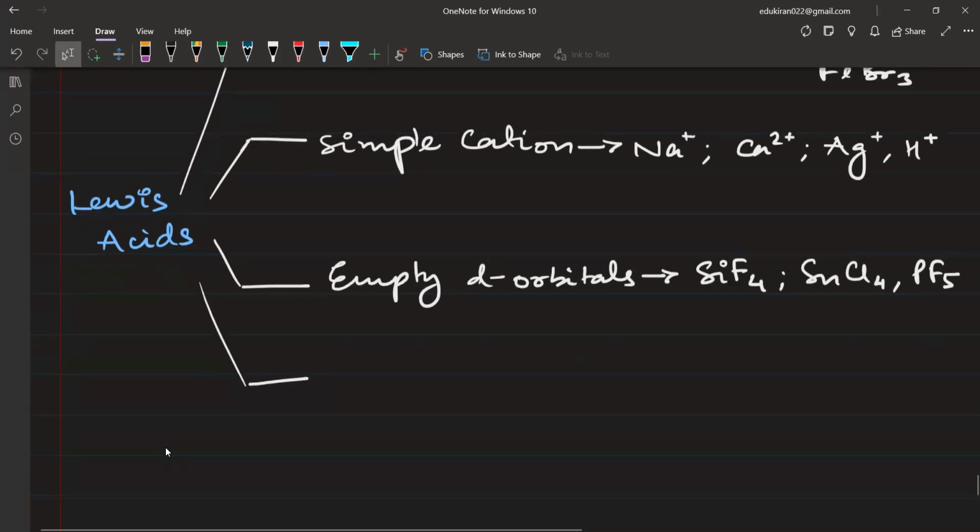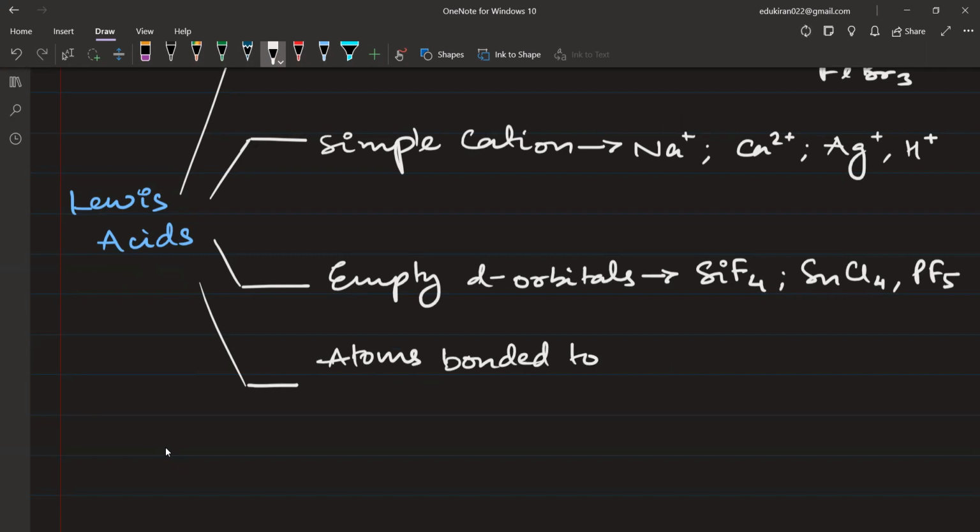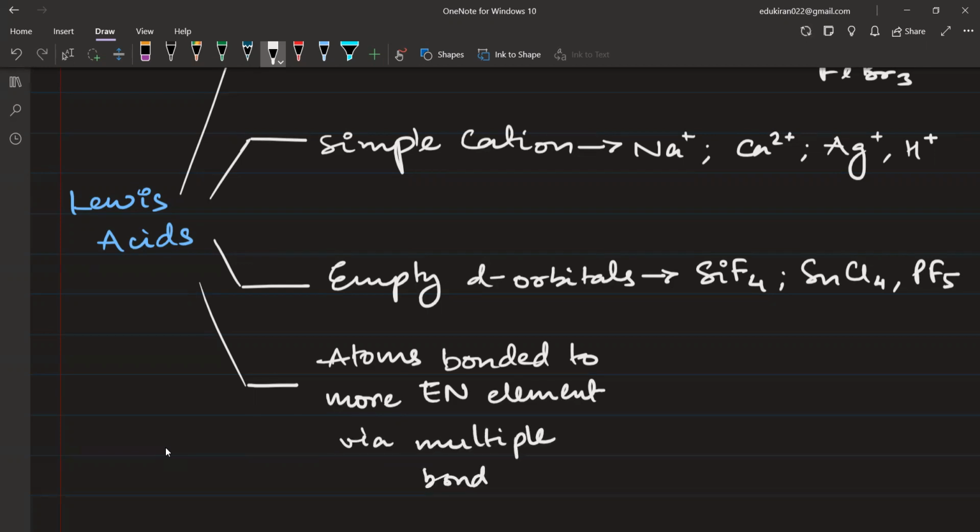Last case is when you have, please write, atoms bonded to a more electronegative element via multiple bond. So here you will have carbon dioxide. The carbon atom is bonded to the more electronegative oxygen atom via multiple bond. Similarly, you will have SO2, sulfur dioxide. This is also the same thing.